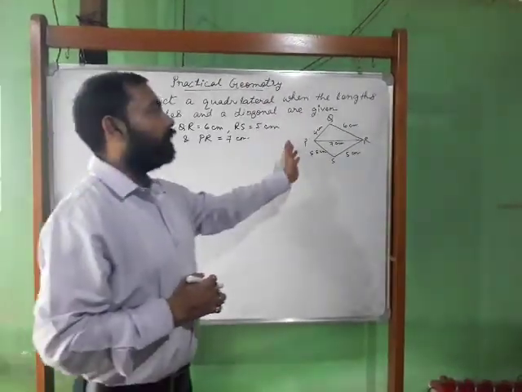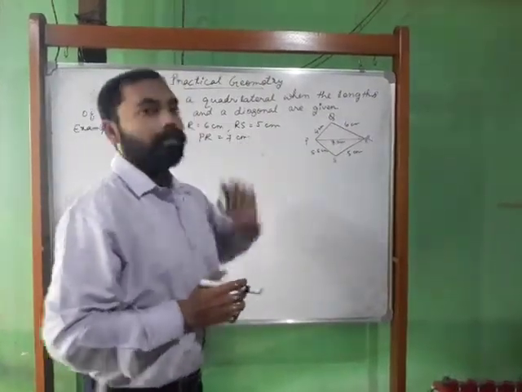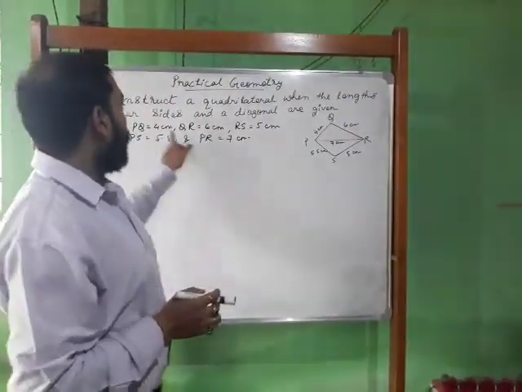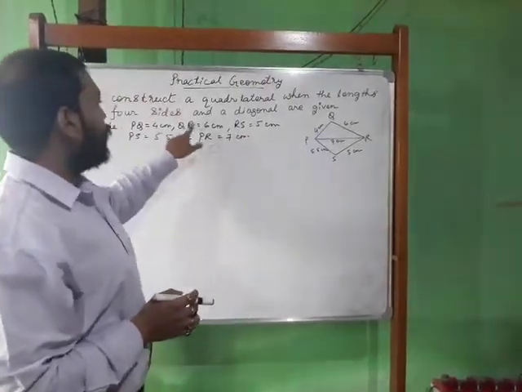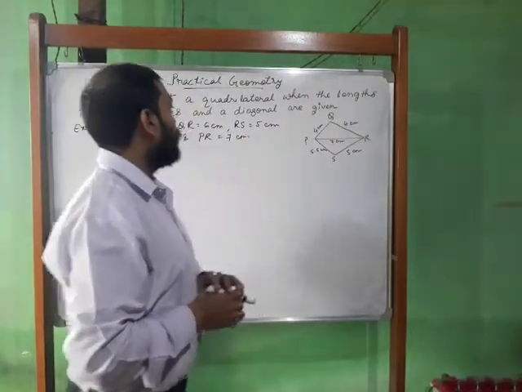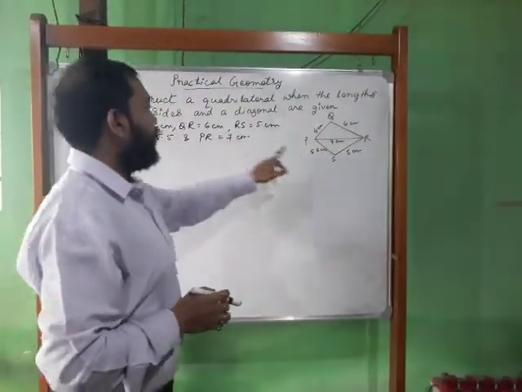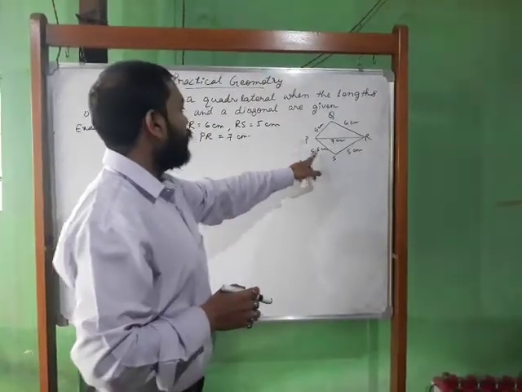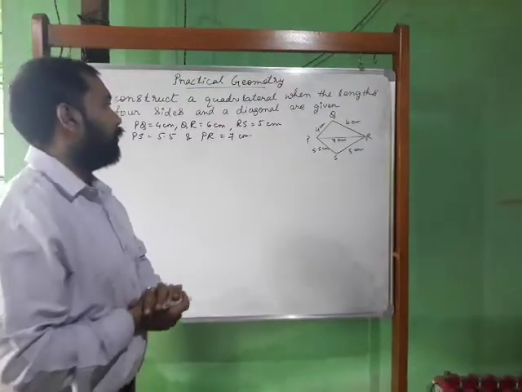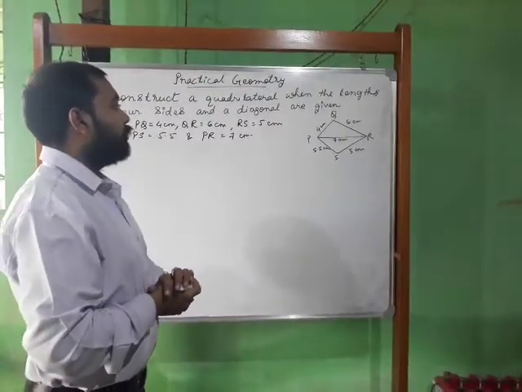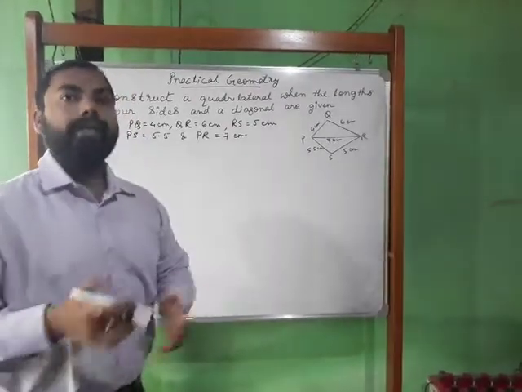You can see I have drawn here one rough sketch, that is PQRS is a quadrilateral where, according to this given information, PQ is 4 cm, QR is 6 cm, RS 5 cm, PS 5.5 cm and PR is 7 cm. So now let us construct this quadrilateral step by step.